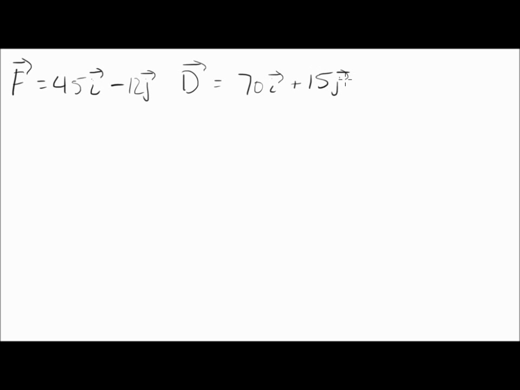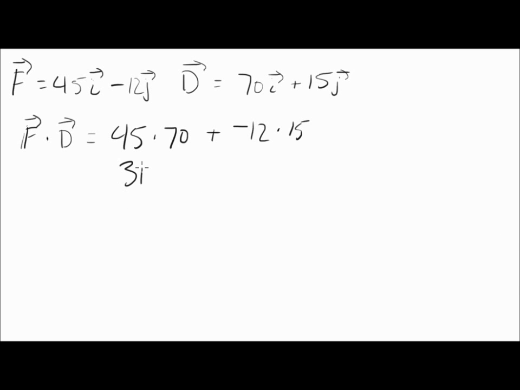Okay, so now let's find the vector F dot the vector D. So we're going to take our first times our first, so we're going to have 45 times 70, and then we're going to add our second times our second, so we're going to have negative 12 times 15. Now, if you have your calculators out, you can do 45 times 70.